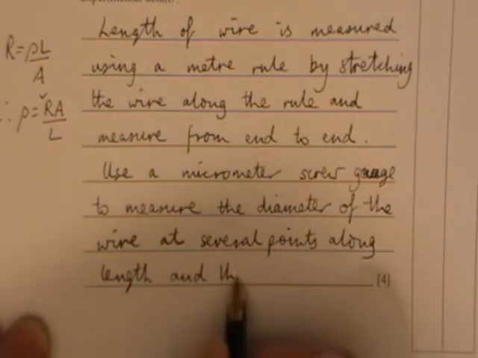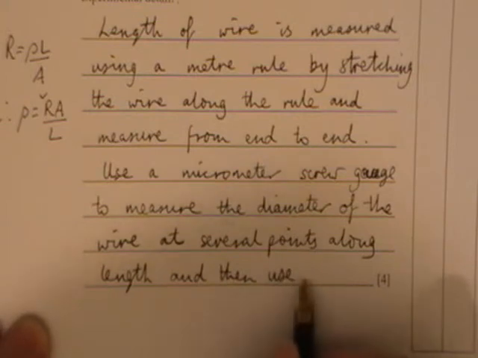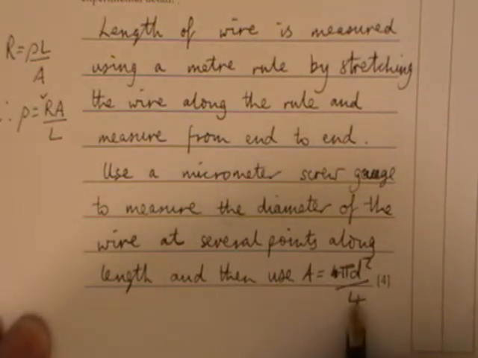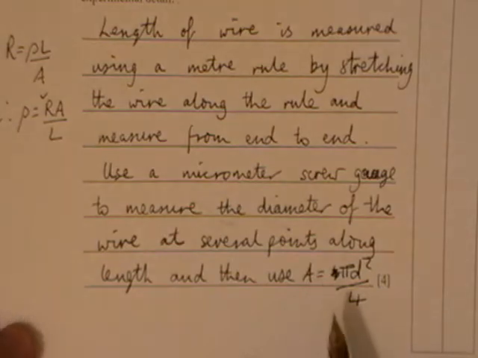And then use area is equal to pi d squared over 4. Okay, so area is equal to pi d squared over 4.